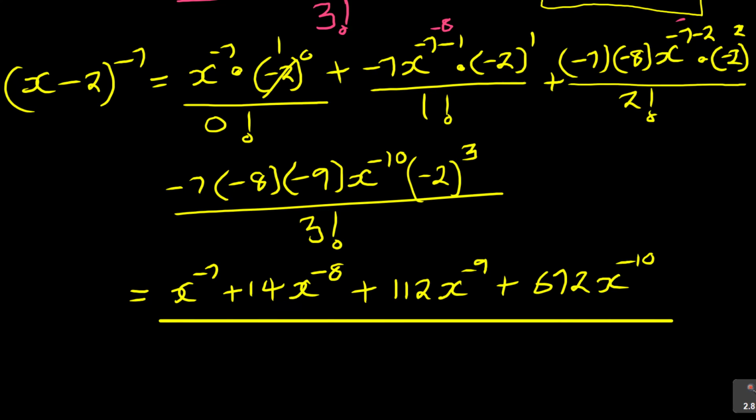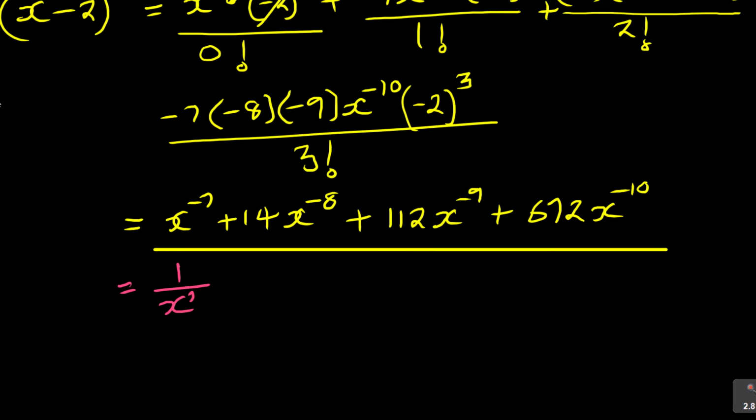But you can move on to give the positive exponents if you want, so that it becomes 1 over x to the power of 7. Okay, let me give it a bit of space. So you will have in here, let's drag it down so that I've got enough space.